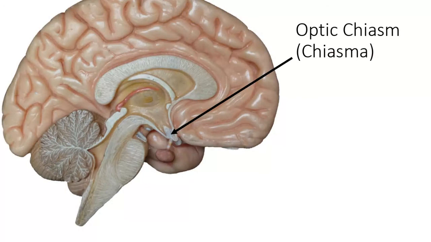They go backwards from the eye and join each other and there's a crossing over of nerve fibers. Where they join each other is the optic chiasm. The optic chiasm, if you look closely, sits above this thing here. That's the pituitary gland.